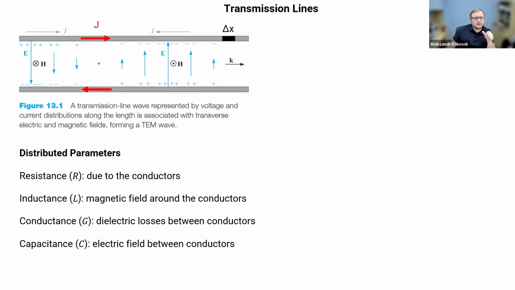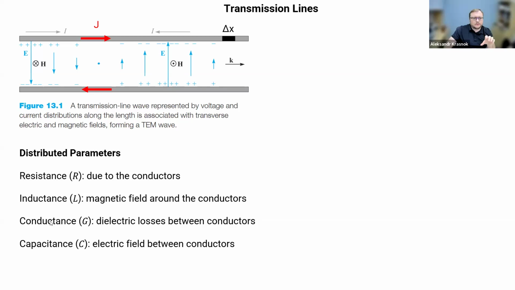What is inductance? Basically, if you have a wire and you try to change the current in this wire, the wire itself interacts with itself, so it resists the change of the current. This is the nature of self-inductance of these wires.